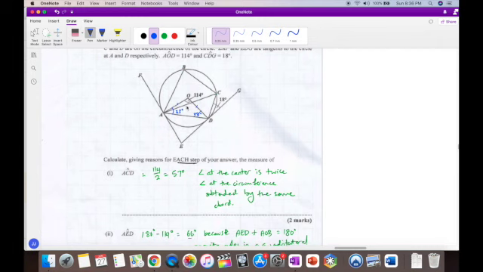Now this angle here is actually 18 degrees, right? Why? Because look, we have here the chord that is forming this 18 degree angle with the tangent, right?